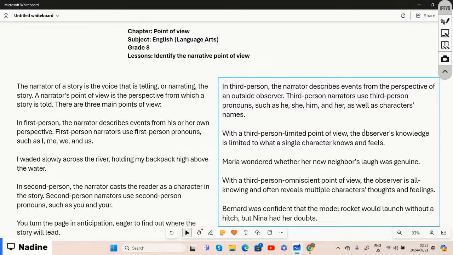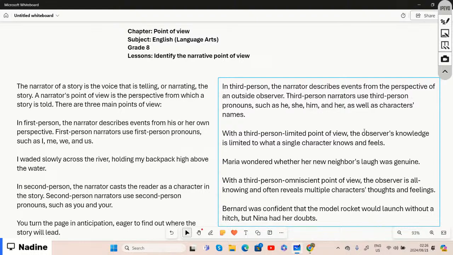So with third person, you are just giving your view, but you are not going deep into what the story is about. You don't make the story sound as if you are in the story.